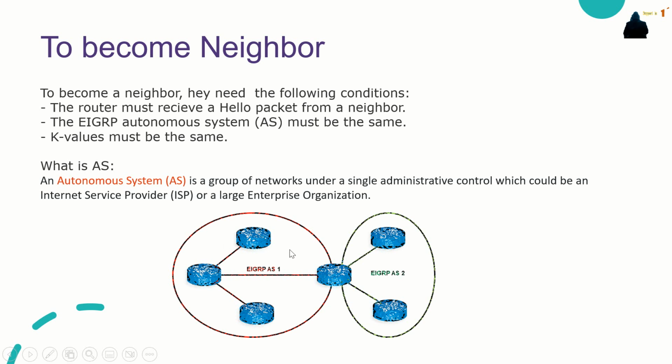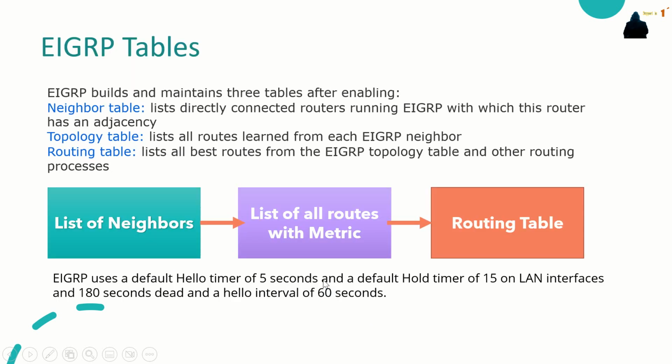In this situation, these four routers here are under AS number 1 and these three routers are under AS 2, and these routers are under both AS1 and AS2, and this is the border router.